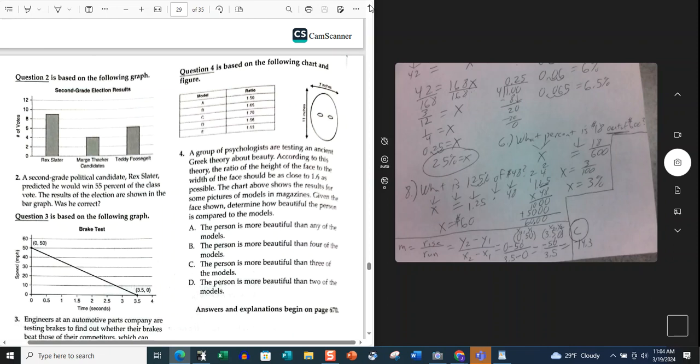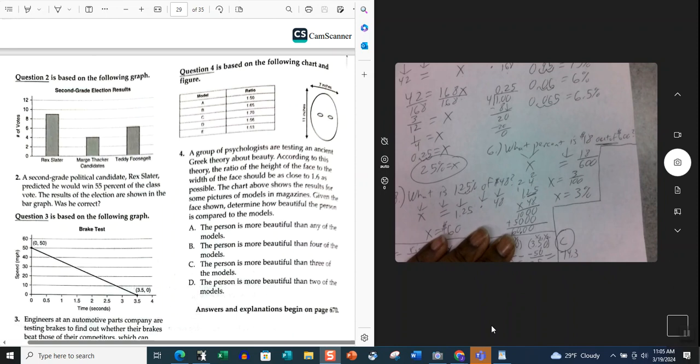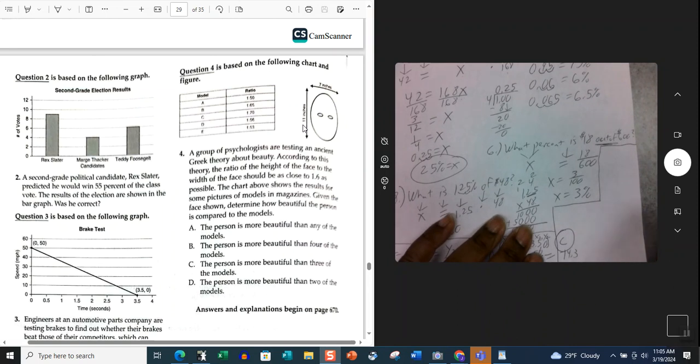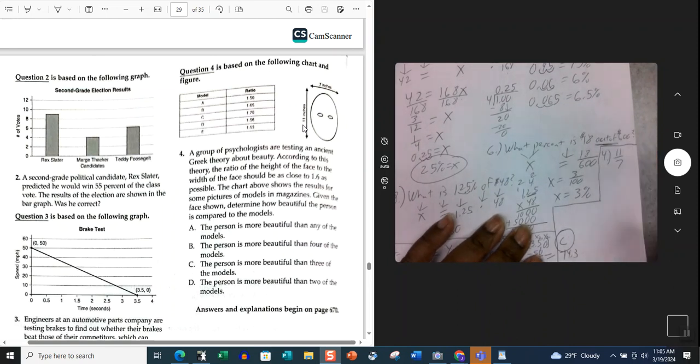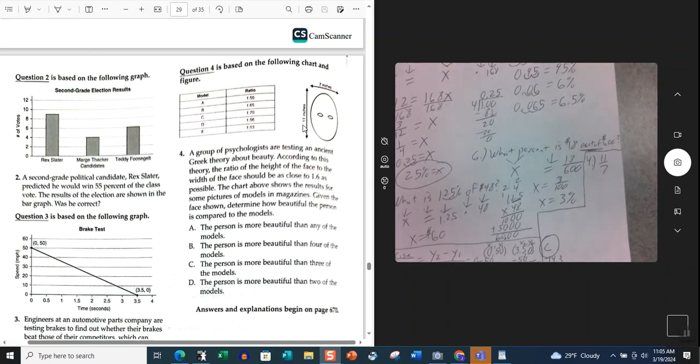Okay, so if we look here, we would determine, so we would divide. So first thing we would do, we would take the 11 divided by 7, which we have here. So this is problem 4. We would take 11 divided by 7. Now we will put this in our calculator.